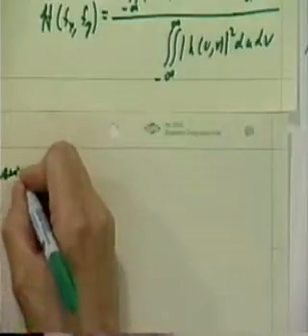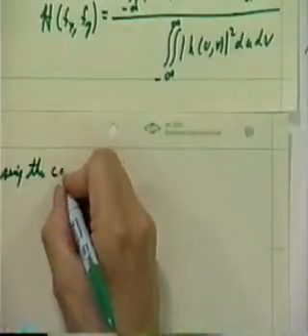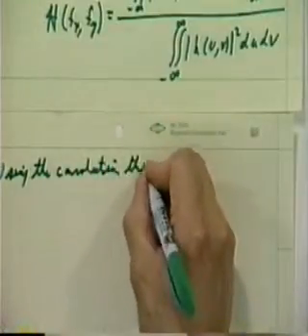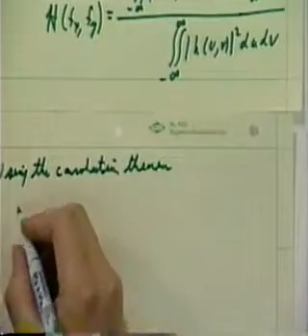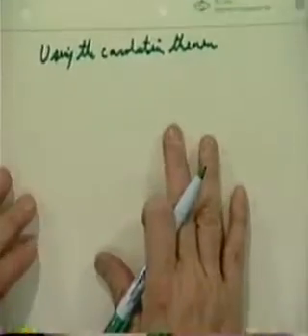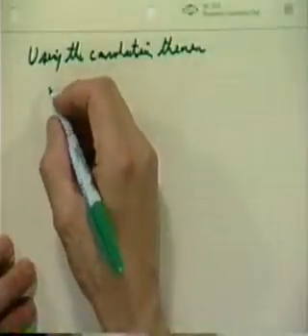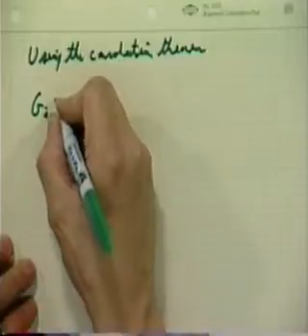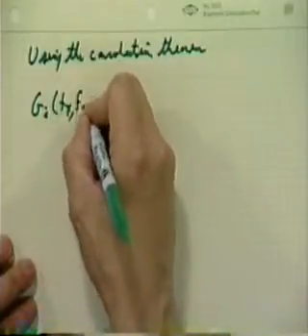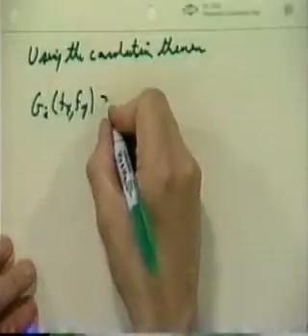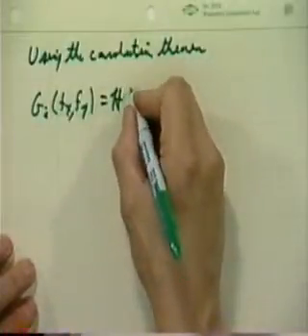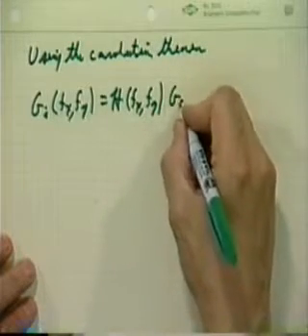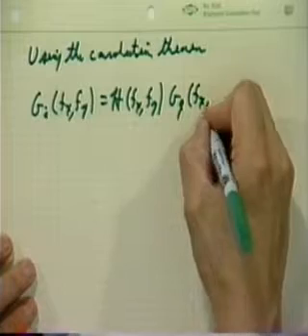So using the convolution theorem, we have that G sub I of f sub x, f sub y is equal to script h of f sub x, f sub y, times capital G sub g of f sub x, f sub y.